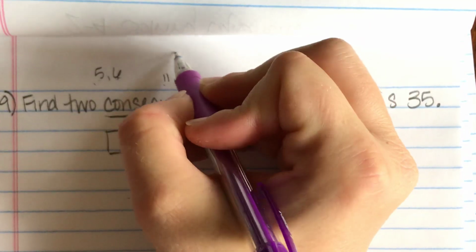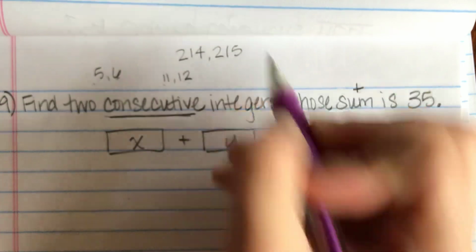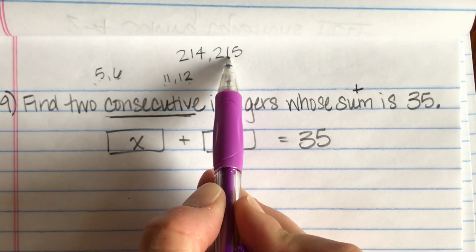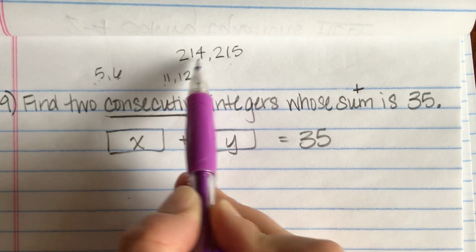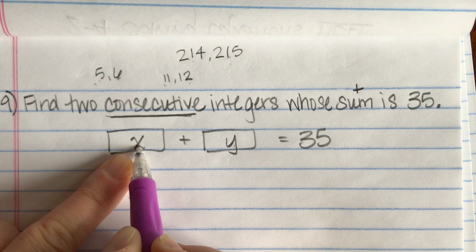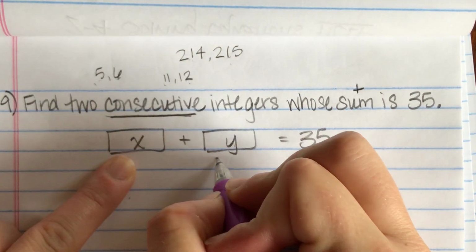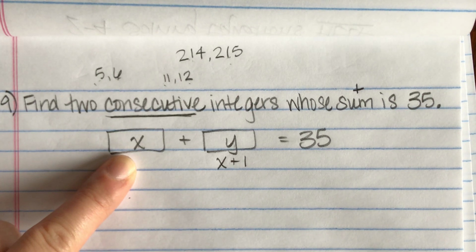Even if I went to consecutive numbers like 214, 215, I would say, oh, the second number is 214 plus 1. The previous number plus 1. So I'm going to say y is the previous number plus 1. Okay? Y'all see how we just did that?